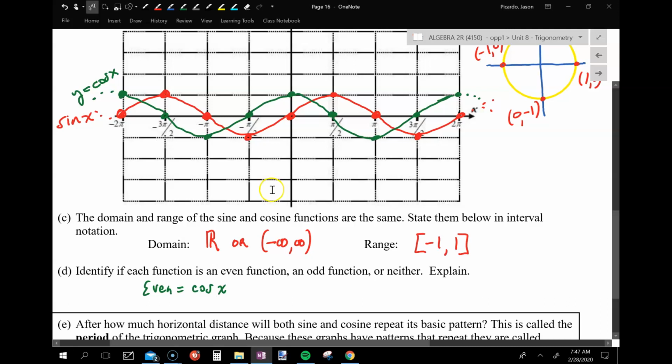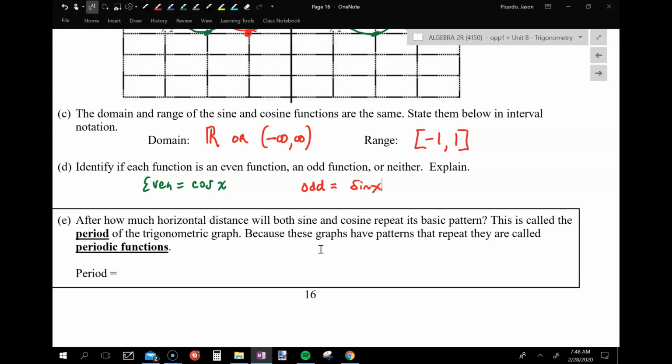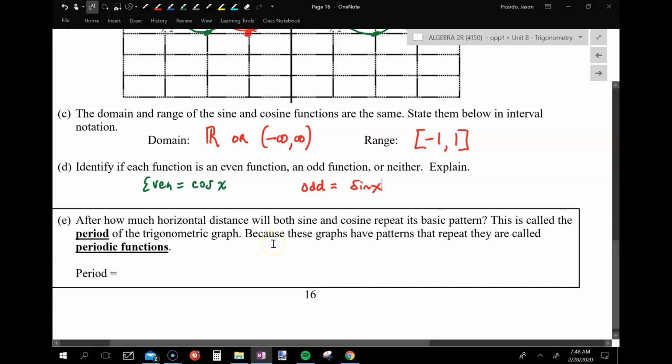It does, right? So this is considered an odd function. So sine is odd, cosine is even. Really, really important.